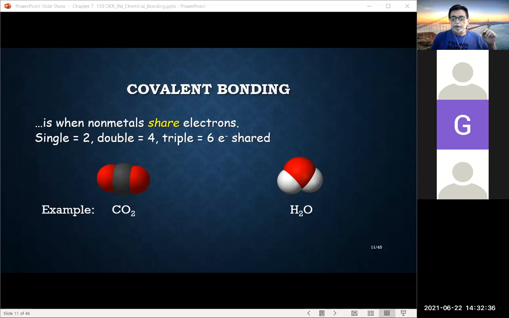And we generally denote those by a line, or we could say 2 dots. Every dot represents 1 electron. So I can either draw a straight line or I can designate it by 2 dots like this. And that represents a single bond. And then we have double bonds, or I can write it with dots.